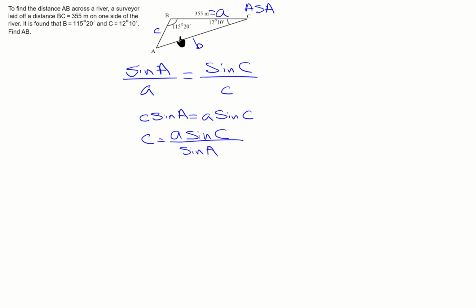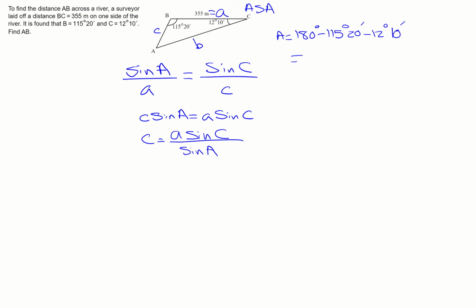So now we substitute what we know. We do need to find the measure of angle A because we're going to need it here. So that's going to be easy because the measure of A is going to be 180 degrees less 115 degrees 20 minutes, and then also take away 12 degrees 10 minutes.